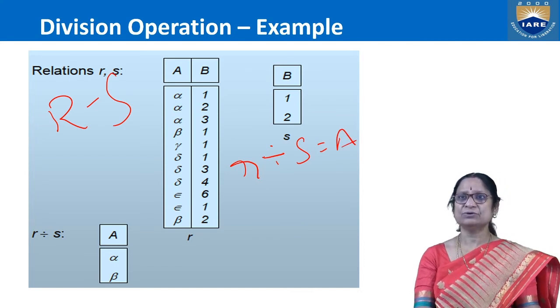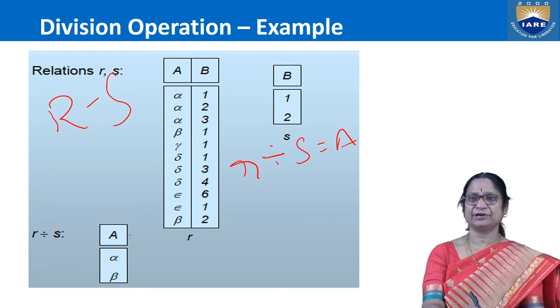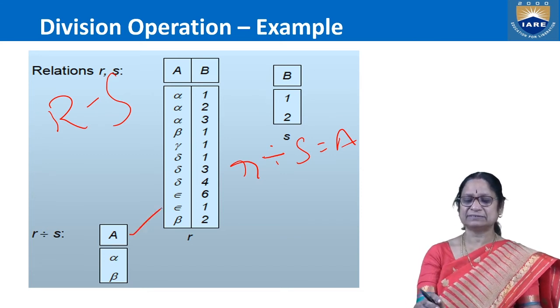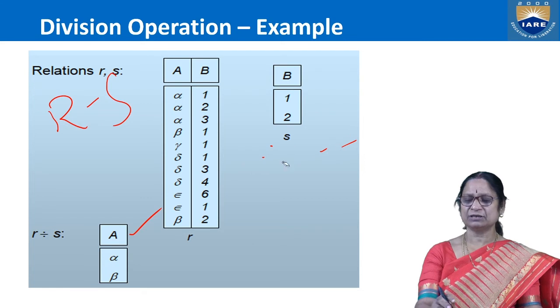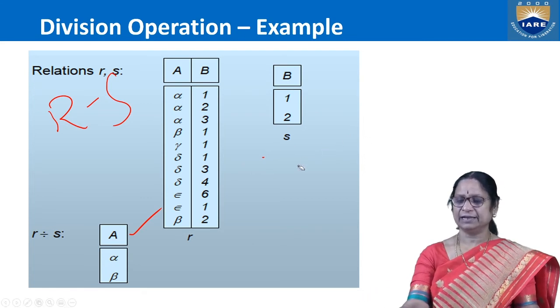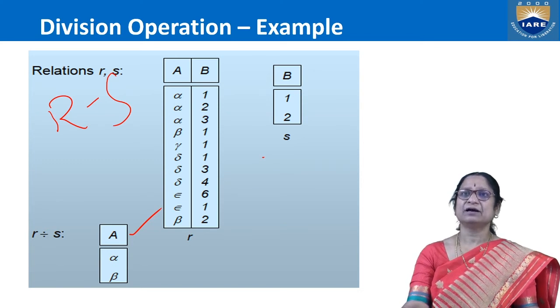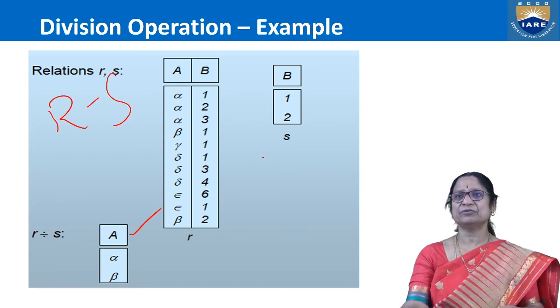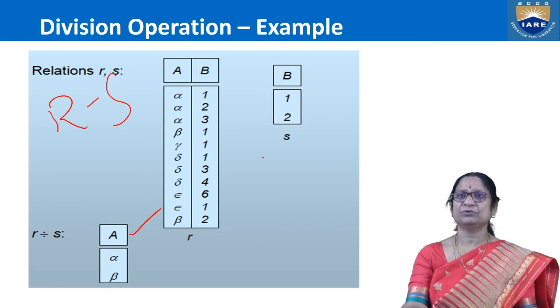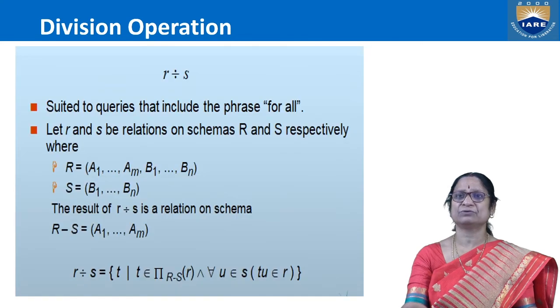Okay. So the schema consists of only the A attribute. Fine. Tuples. How did we define a tuple? We defined that a tuple t must be in R such that for all tuples of S, tu belongs to R, will be listed out.